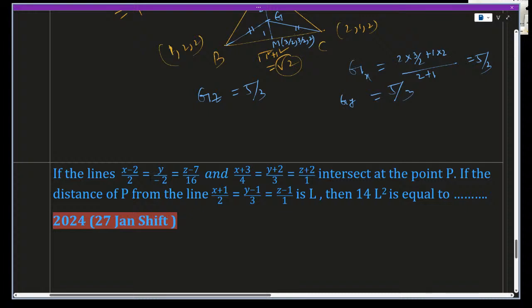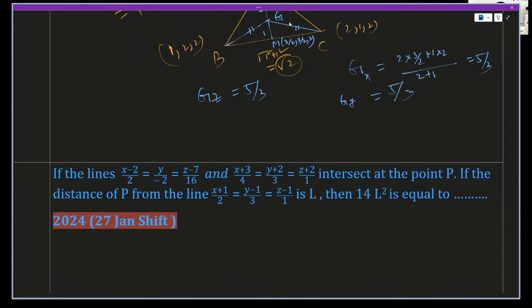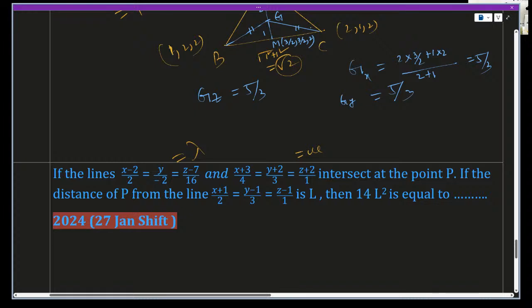If the lines intersect at point P and the distance of P from this line is L. I've shown in one sum how to find the point of intersection by taking a point on the first line, a point on the second line.